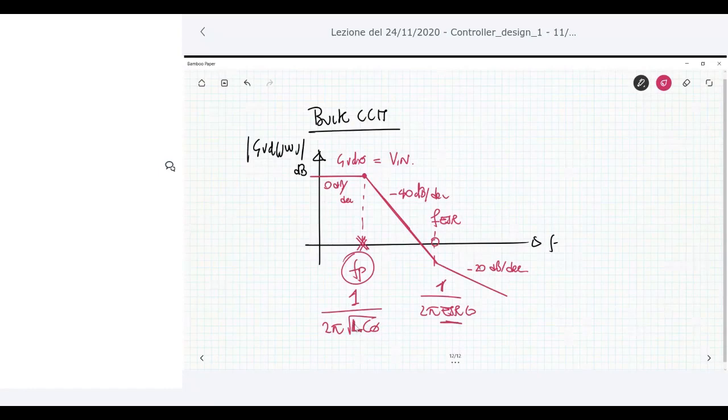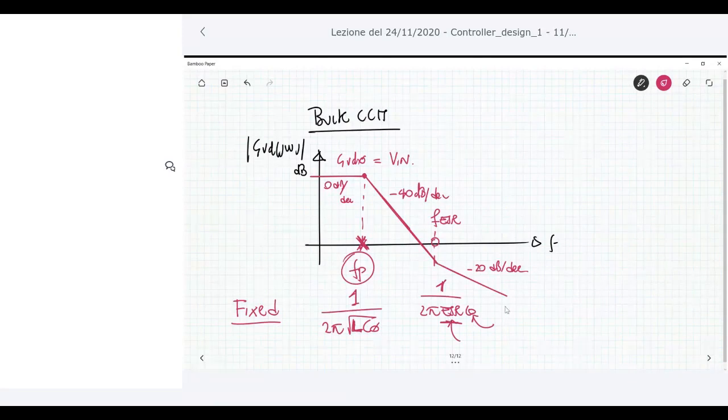As you can see here, this pole depends on L and C naught, but these have been derived by steady state analysis and they are fixed, so they are not changing during the operation. These two poles are fixed, not moving, so they always have the same frequency. The same happens for the zero, because C naught is something that you design from steady state analysis, as we learned in the previous lecture.